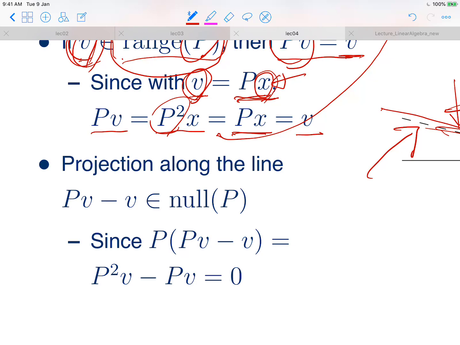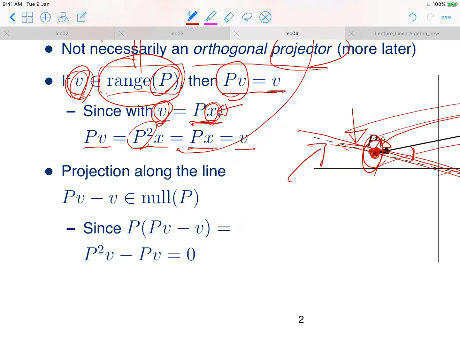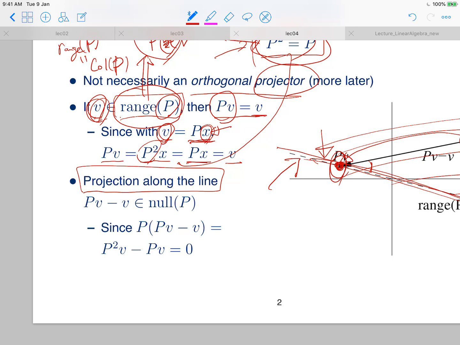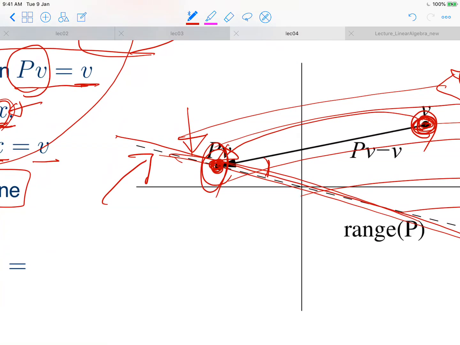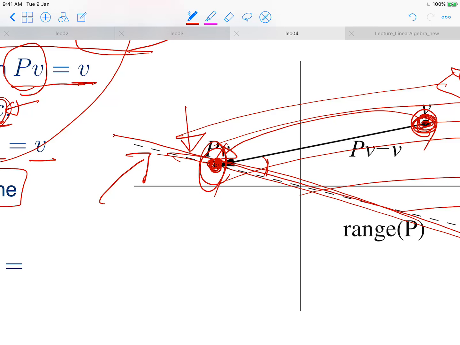And also, this is a projection along the line. In this case, the projection can be viewed as a decomposition of the original vector into two different vectors.